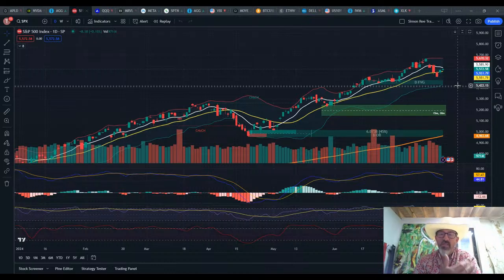So I'm going to use his process of how he looks at charts. It gives you an idea of how we are looking at charts, from a short-term, intermediate, and long-term perspective. So this is the S&P 500.